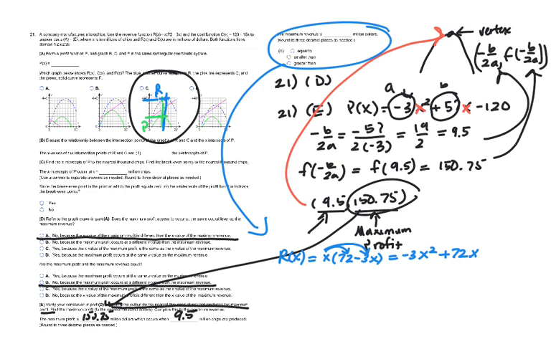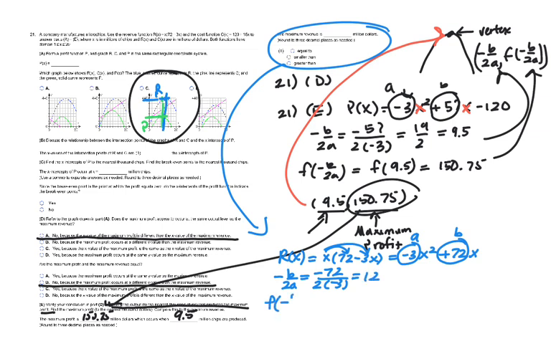We'll do the same thing and find the vertex. Negative b over 2a: a is negative 3 and b is 72, so we have negative 72 divided by 2 times negative 3, which is negative 72 divided by negative 6, giving us 12.